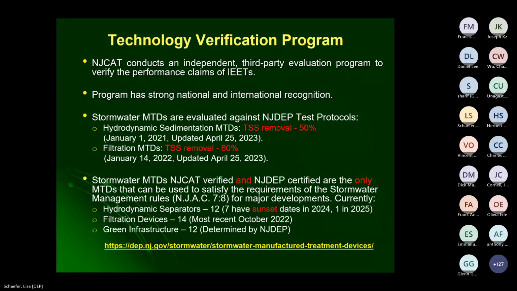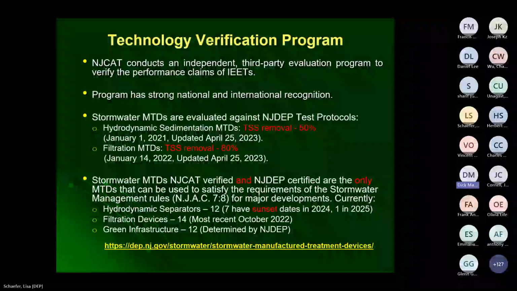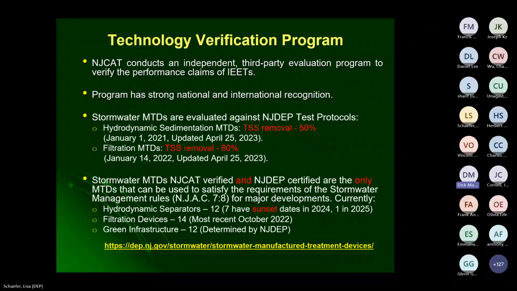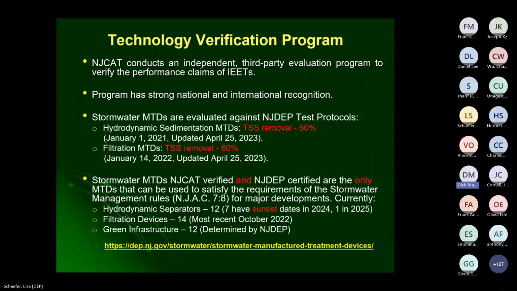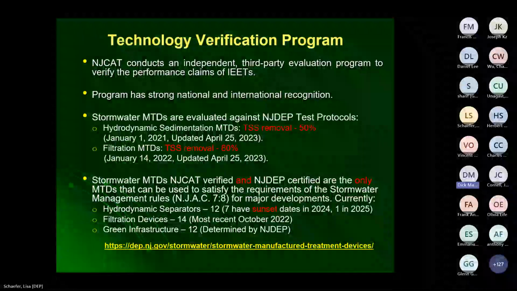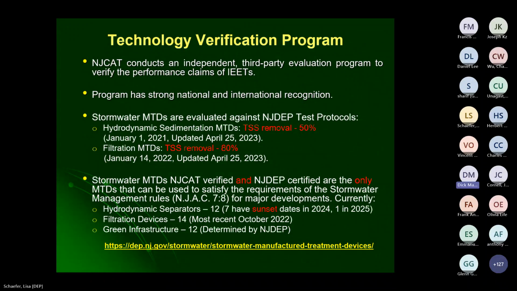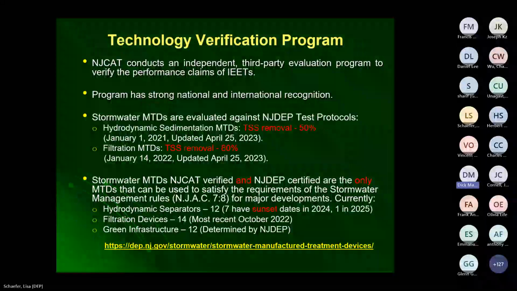Filtration devices, there are 14, and I'll point out that the filtration devices have no sunset because the protocol between 2013 and 2022 did not change significantly enough to require retesting. And then, interestingly and excitingly, green infrastructure is the new growing category of MTDs, and that is determined by DEP.